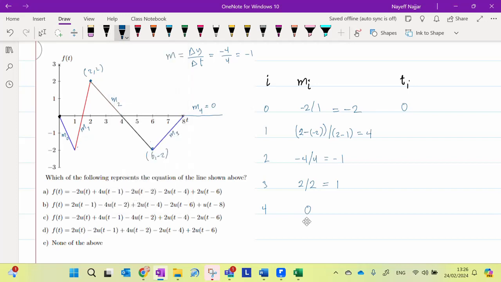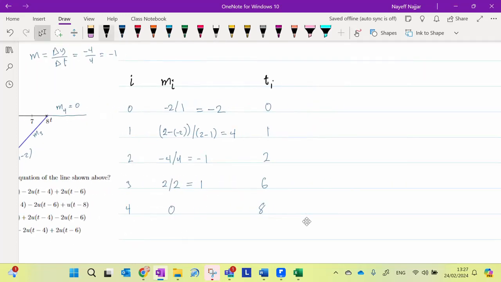For m1, it starts at T equal to 1. For this long segment that has a slope of m2, T starts from 2. Then for this segment, it starts from 6, and the last segment starts from 8.